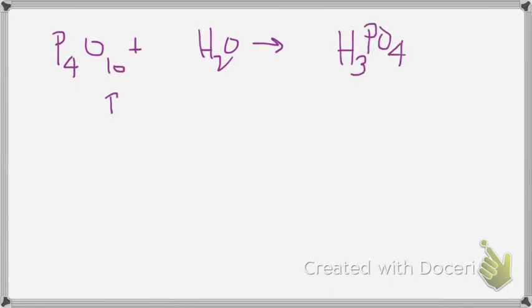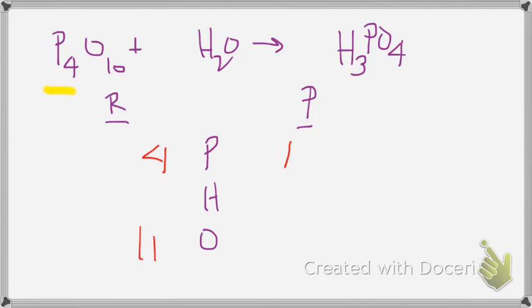So we want to make our RP chart for phosphorus, hydrogen, and oxygen. Okay. We already know right off the bat we have 4 of the phosphorus here and only 1 on that side. We have a total of 11 oxygens, only 4 on that side. And we have a total of 2 hydrogens and 3 hydrogens on that side.